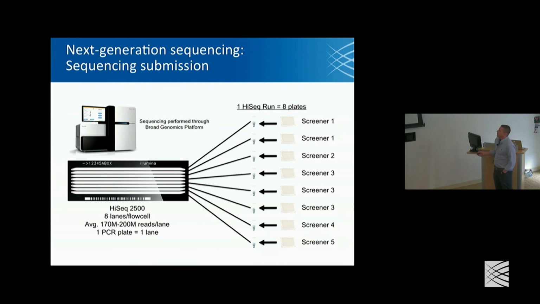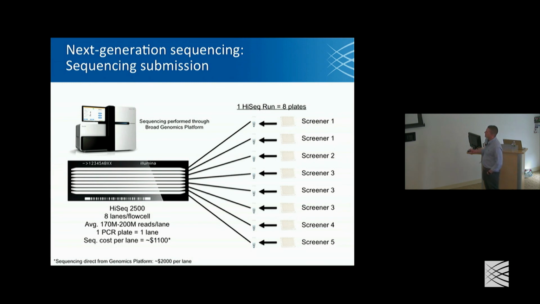The way we have this set up is that we can split this over multiple screeners. You don't need to have 8 lanes to submit to a HiSeq. Say you have 2 plates, you'll go on a flow cell with other screeners that may have 1 or 3 plates. So we mix those all together until we have 8 plates ready for submission, which happens pretty quickly, and then we submit that directly through the genomics platform.